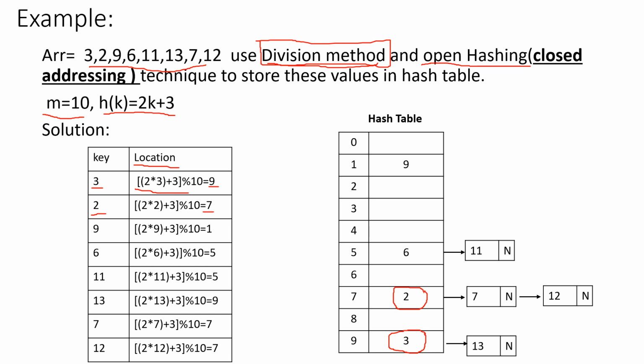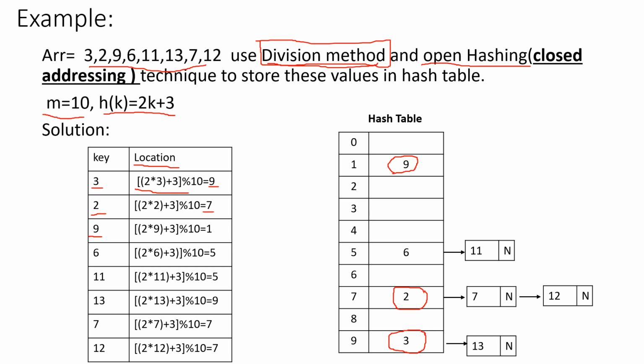Right? Then next came the 9. If you are going to calculate the index of the 9, 2 into 9 plus 3, then if you do modulus with the table size, you will get 1. Right? So again you check that the table is free, because just now we have only stored 3 and 2. So 9 is going to be stored at the first index.